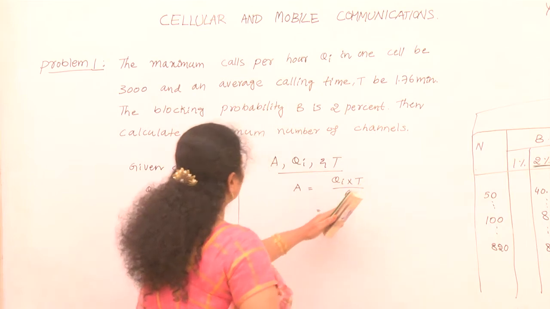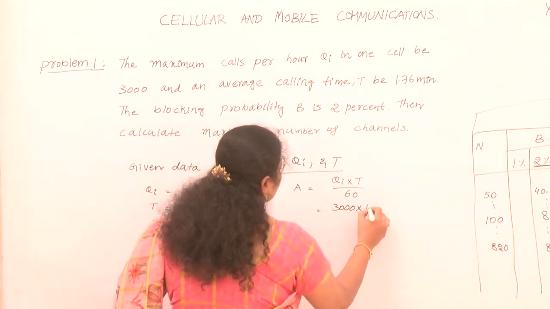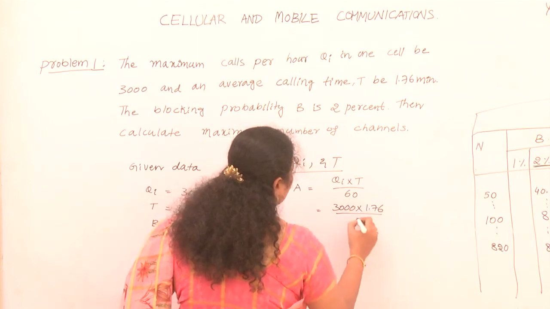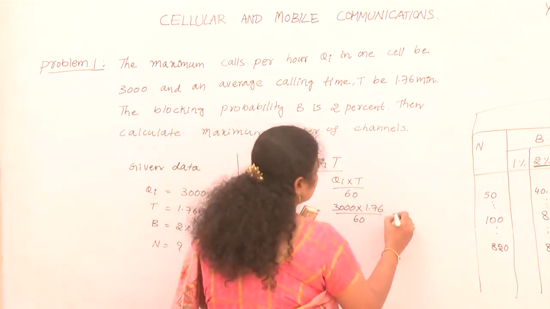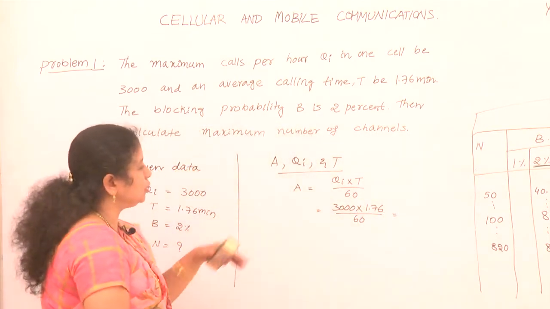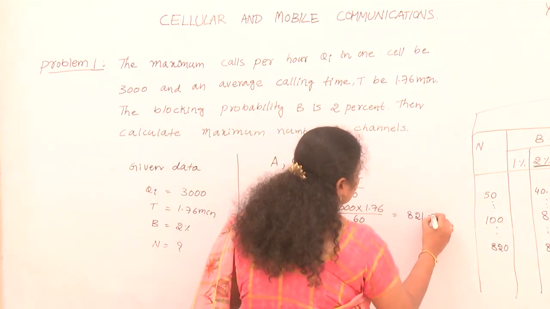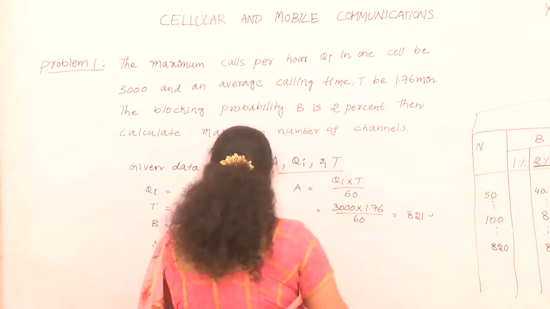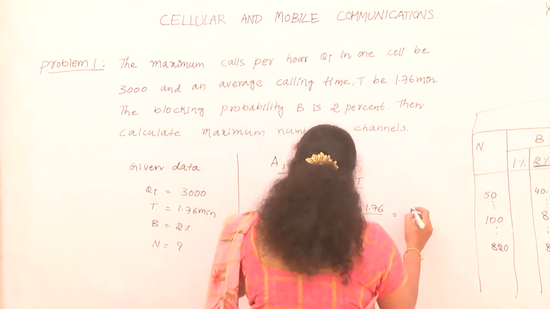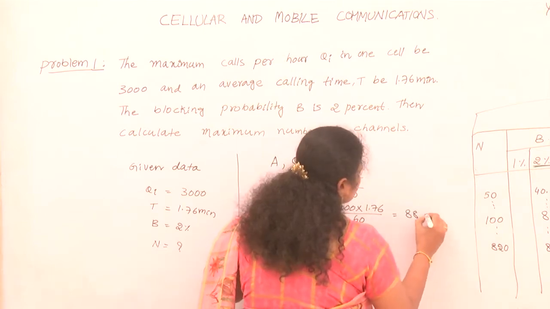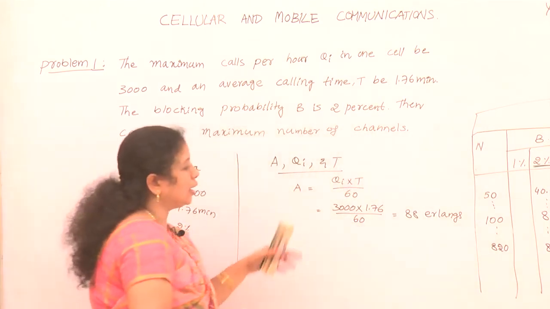By substitution of all these values, Qi is 3000 and T is 1.76, divided by 60, and after simplification the value of the offered load is found to be 88 Erlangs.